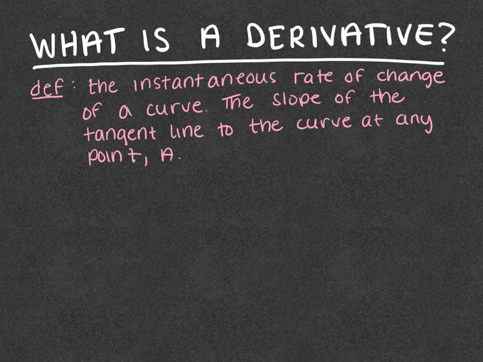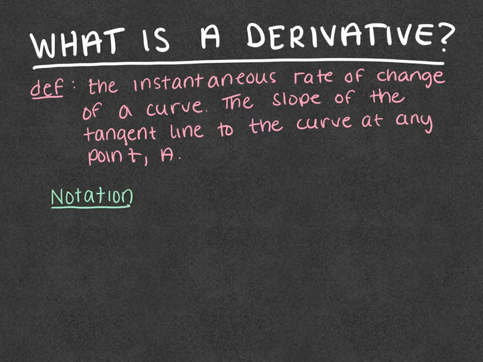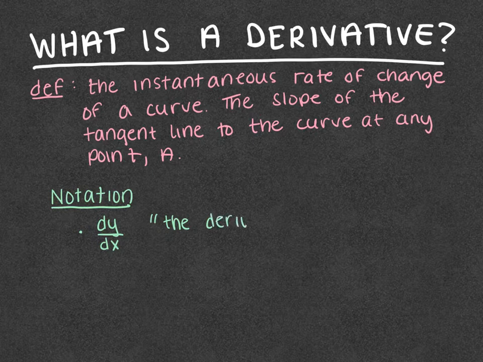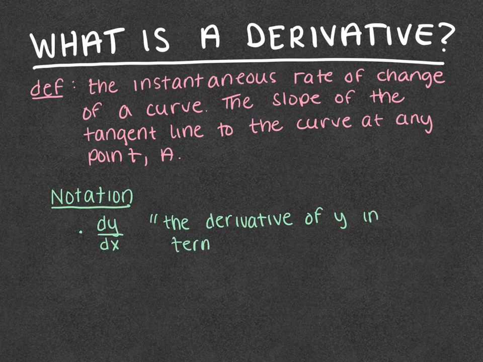Before that, though, let's look at notation. There's a few different ways you will see the derivative notation. One of them is dy over dx, which is a derivative, and we read this as the derivative of y in terms of x.